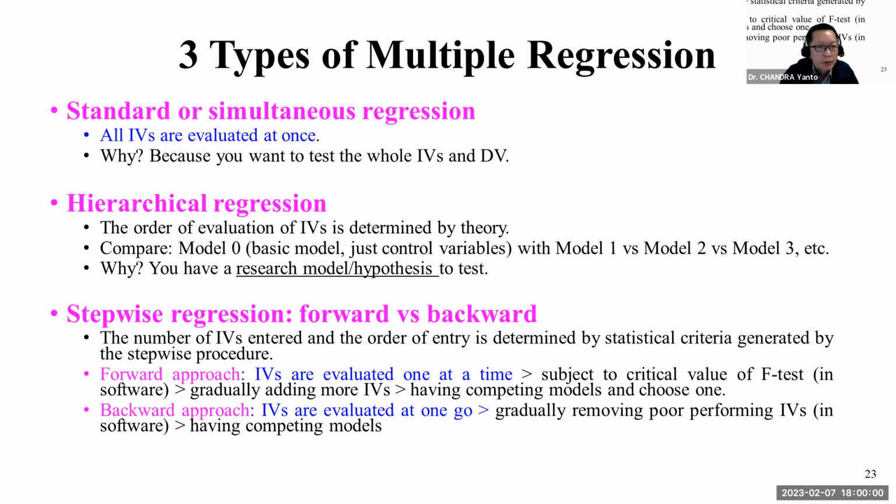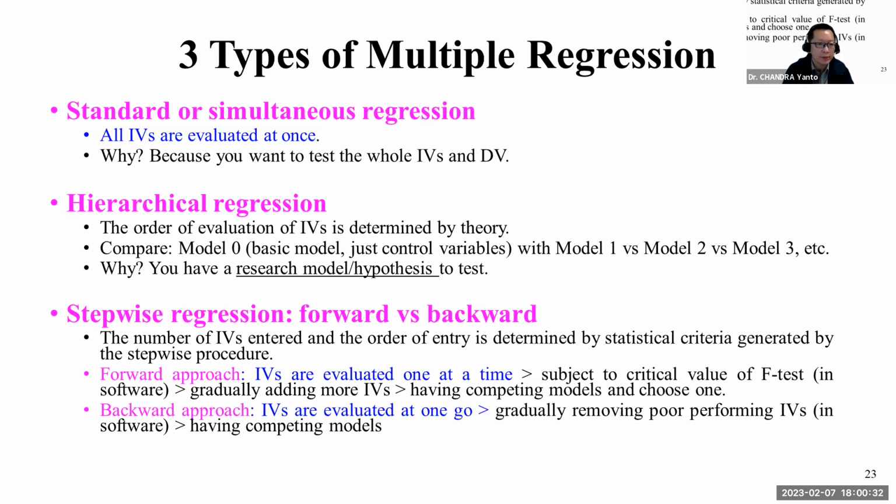If you want to test in certain blocks because you have a certain theory, you use hierarchical regression. Hierarchical regression is typically used to evaluate independent variables determined by theory. You compare a null model or model 0, the basic one, with model 1, model 2, model 3, and so on, depending on how many you have. Because you have a research model or hypothesis to test specifically, you can use hierarchical regression.